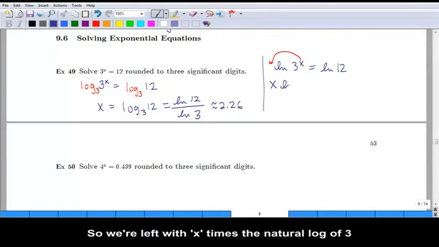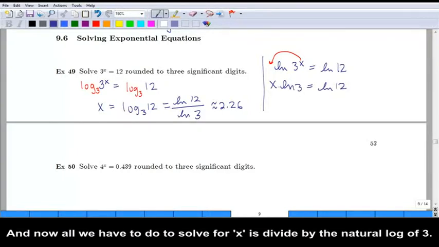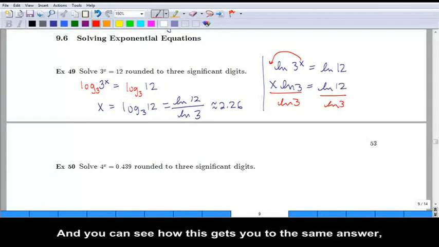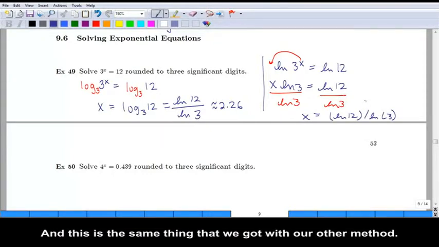So we're left with x times the natural log of 3 is equal to the natural log of 12. Now all we have to do to solve for x is divide by the natural log of 3. You can see how this gets you to the same answer, that x is equal to the natural log of 12 divided by the natural log of 3, the same thing that we got with our other method.